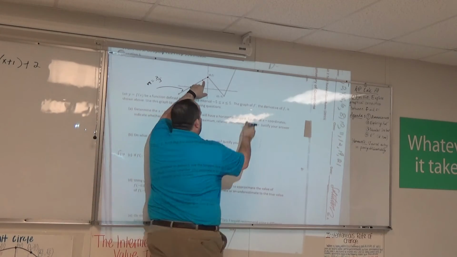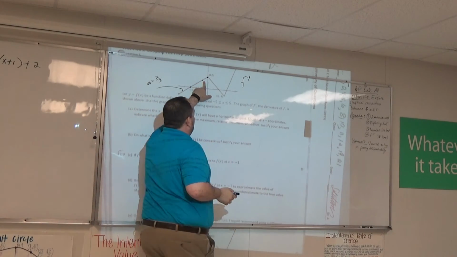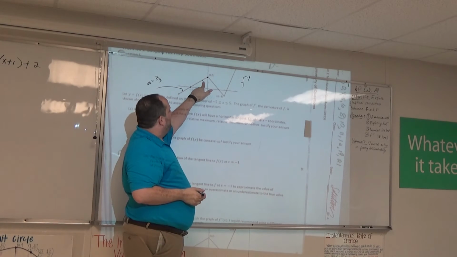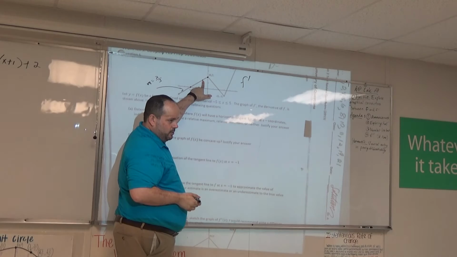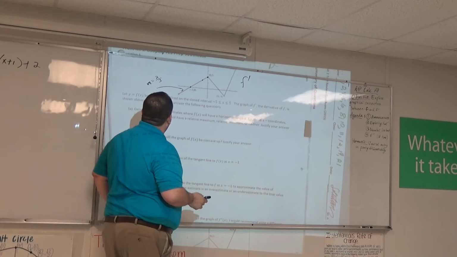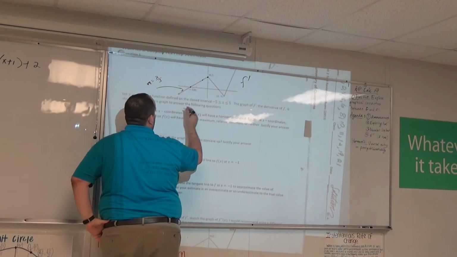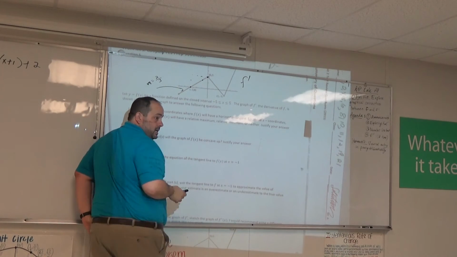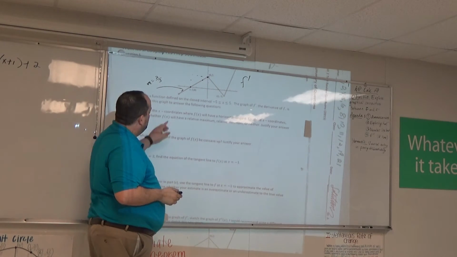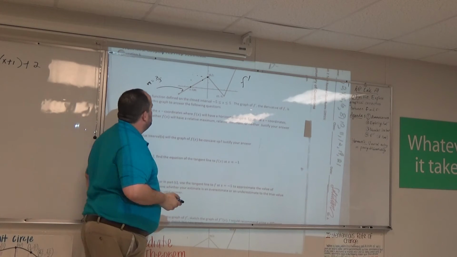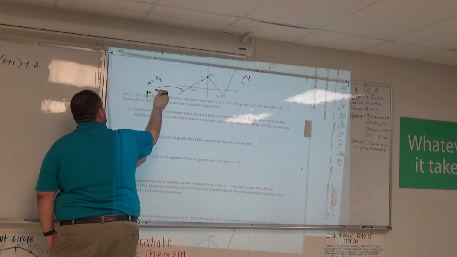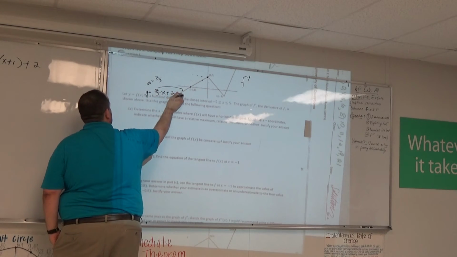This is the graph of f prime. What you guys are looking for is not the slope of this line, but the y coordinate at this point. When I know the slope is 2/3, I'm going to rise 2 and run 3. One thing you could use is the equation of the line. This is going to be the line y equals 2/3 x plus 2.